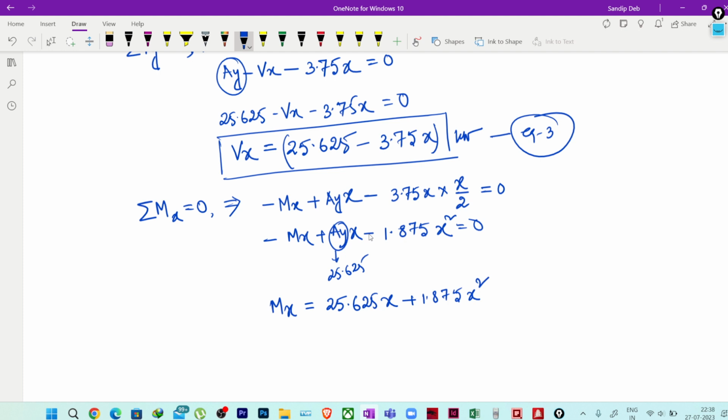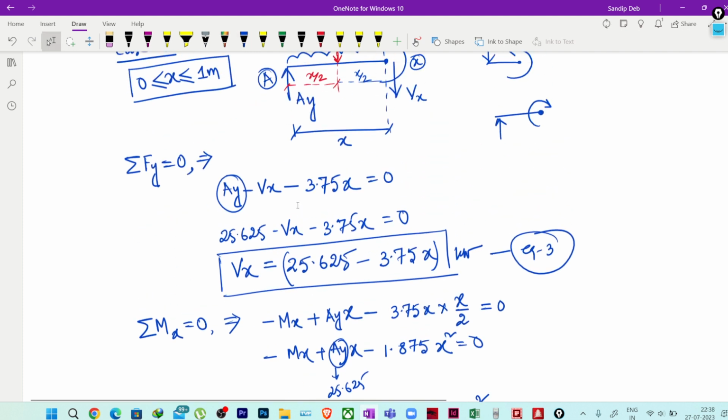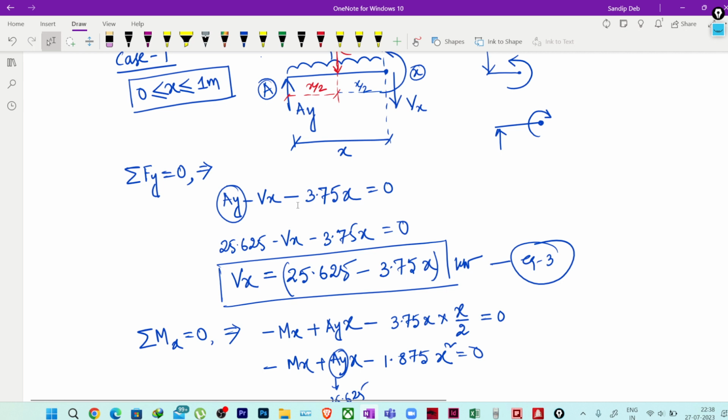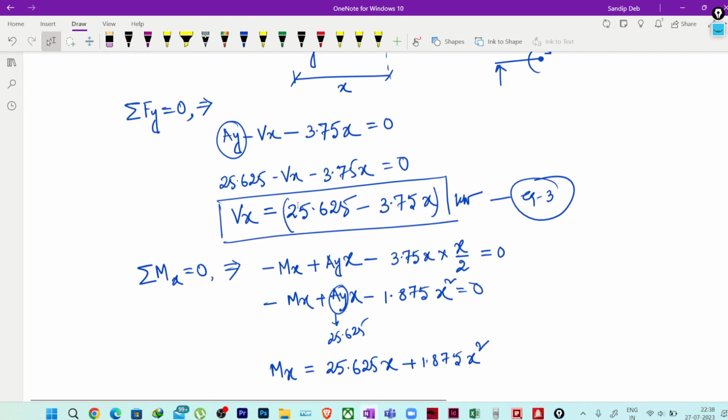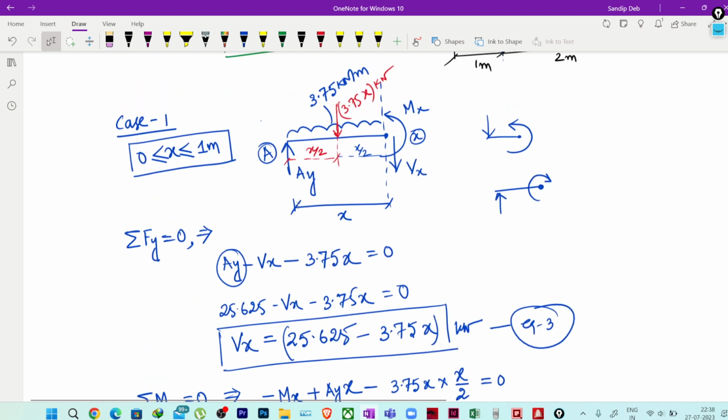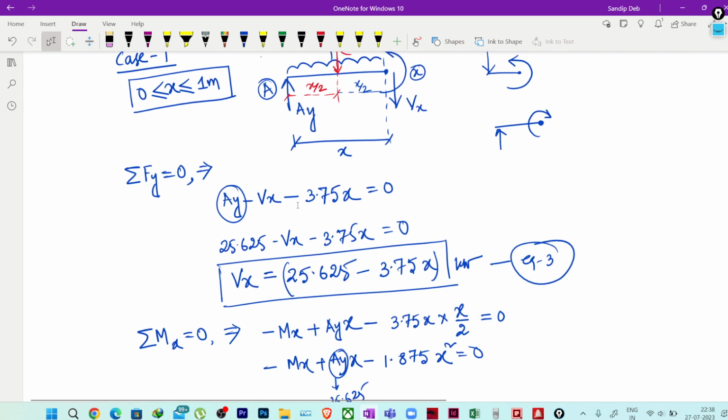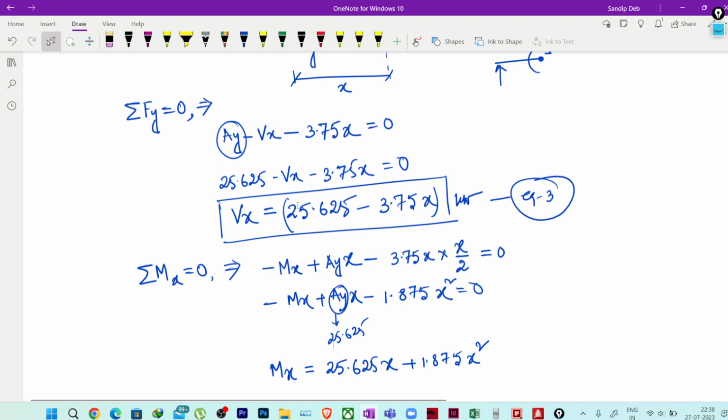Did I do anything wrong? Let me see. 3.75 into x, into x by 2. Yeah, it is correct only. Negative.